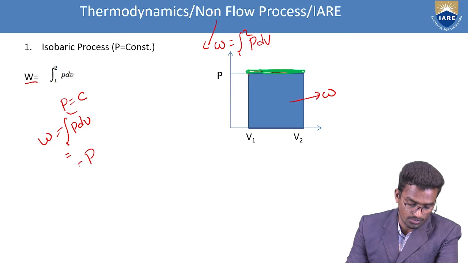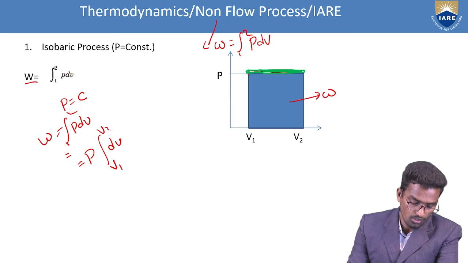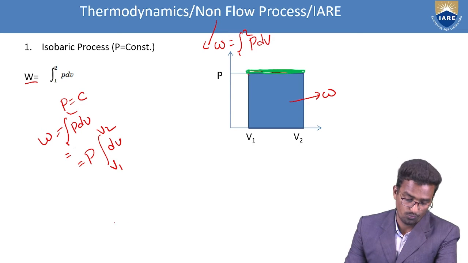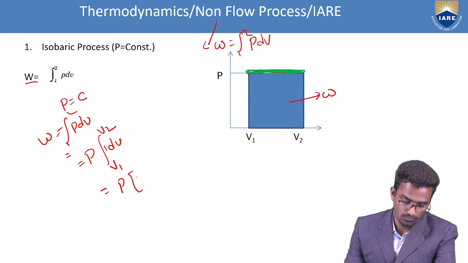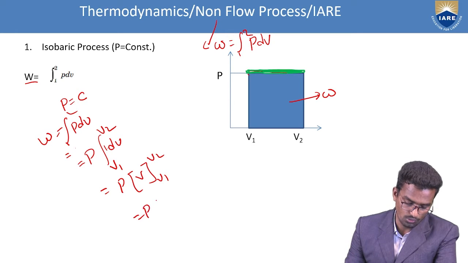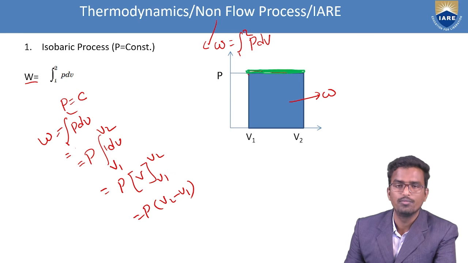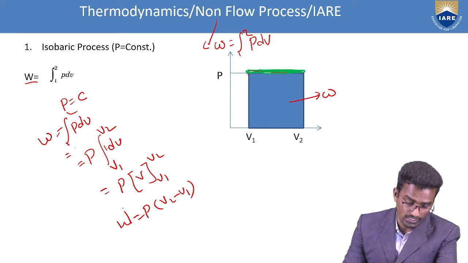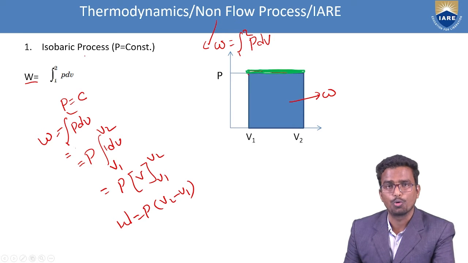Take P constant outside, and dV from position V1 to position V2, that is, limits V1 to V2. Now do the integration. The integral of 1 into dV gives V from V1 to V2, that is P into (V2 minus V1). So this is the work done for the isobaric process.